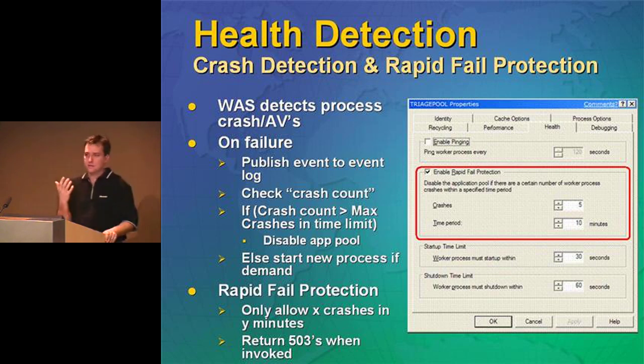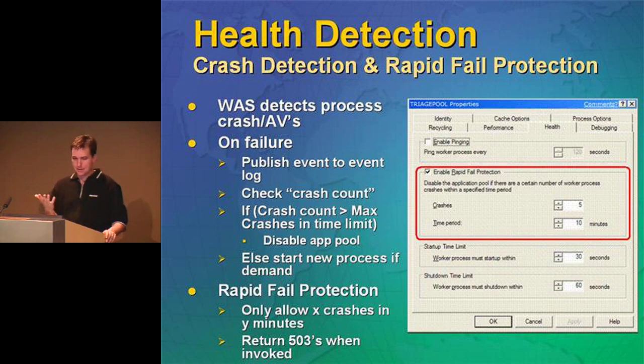When it's in this RFP state, no requests make it up from kernel mode into user mode, so you prevent burning any unnecessary cycles on the CPU. If you have an app that starts going down all the time, IIS can automatically take it out of the picture. By default it's 5 crashes in 10 minutes, and you can enable or disable this feature.